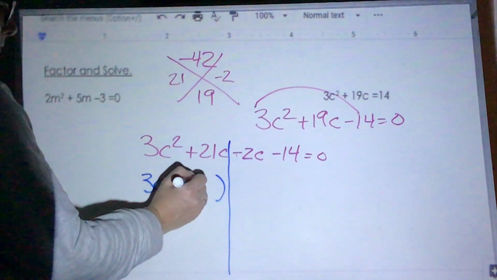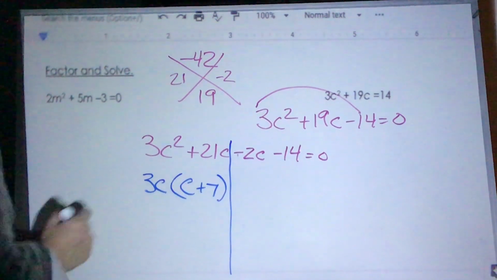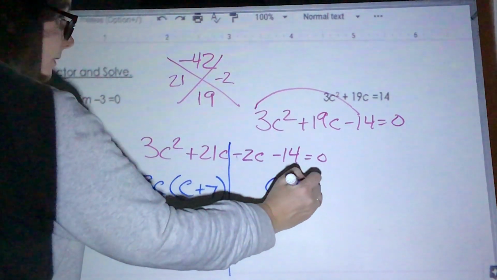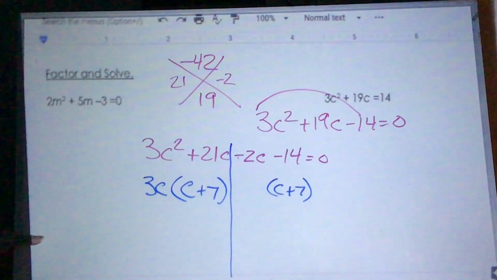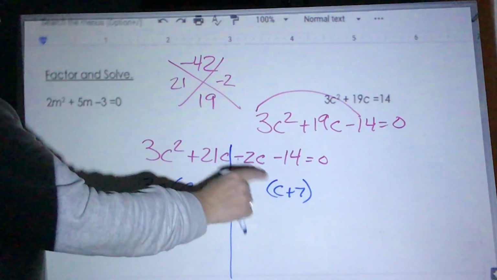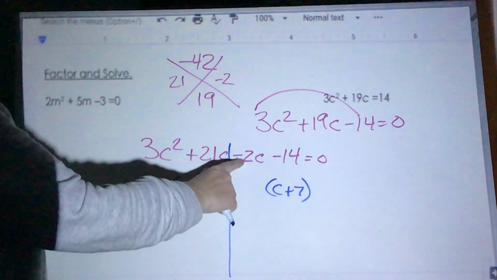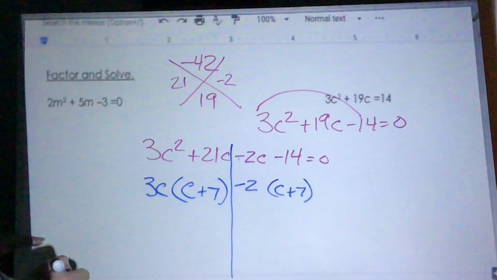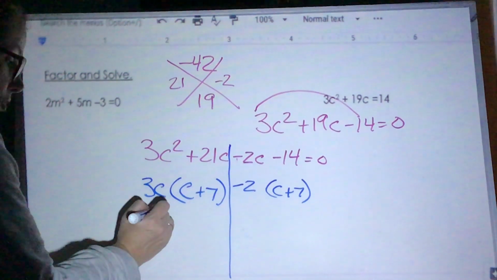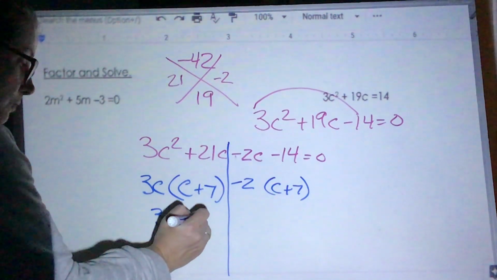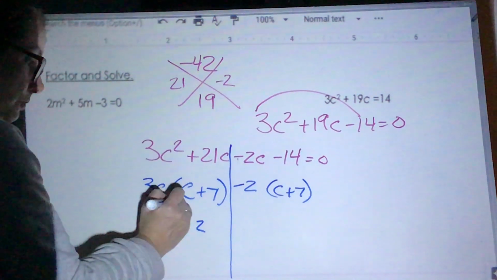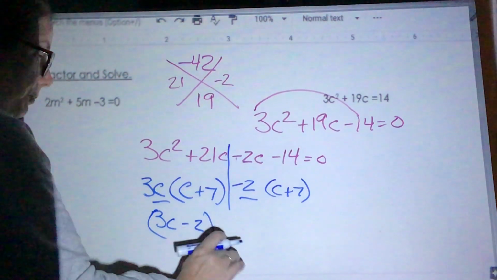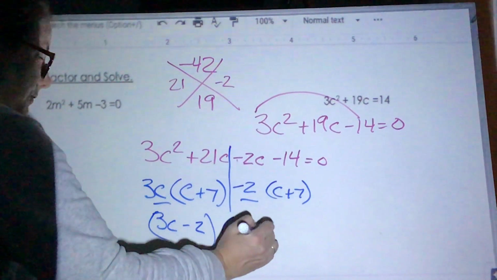So my parentheses will be c plus 7. So I like to go over and fill that in as my other parentheses because I know they have to match. So then I like to think, what does this have to be multiplied by to give me this? And it would have to be multiplied by -2. So my two parentheses for my factors would be 3c minus 2, which is the two GCFs, and then my other parentheses is just c plus 7.